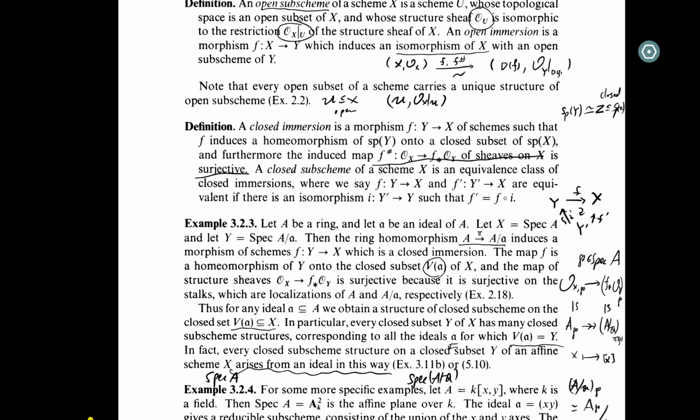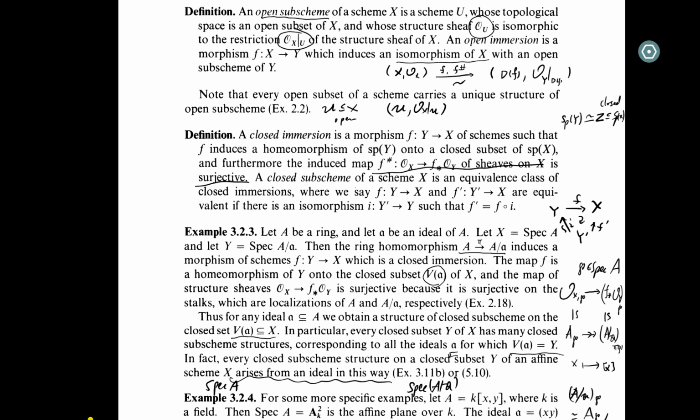There is more information put on the structure sheaf. Let's repeat once.